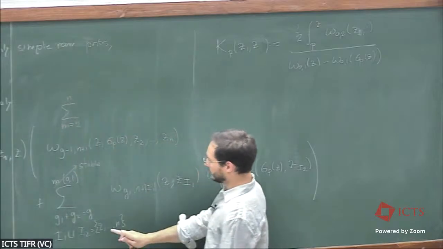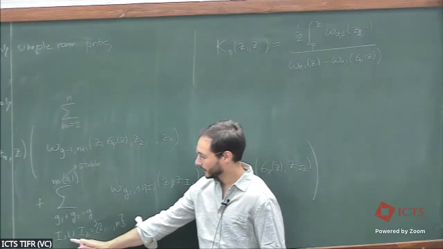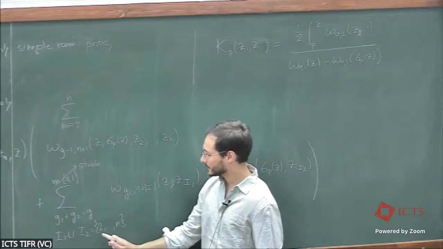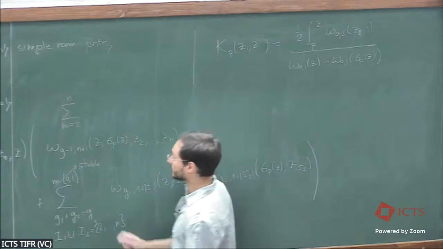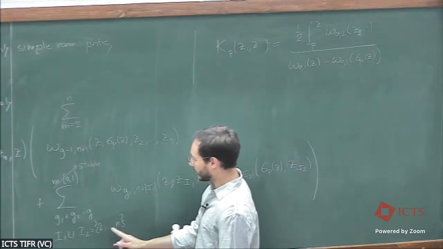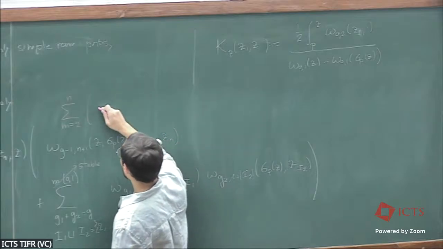Because if you think about when can you get 0,2, it is exactly when one of these 2 sets has a single element and the associated genus is equal to 0. So this M runs over all possible ways of selecting one element from here. And what I will get is something that looks like this.